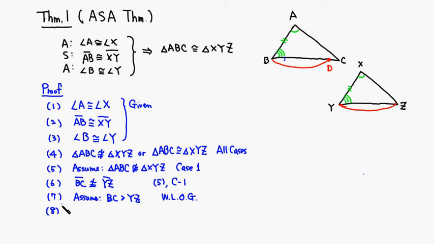So there exists some point D between B and C, on the open segment BC, such that BD is congruent to segment YZ.